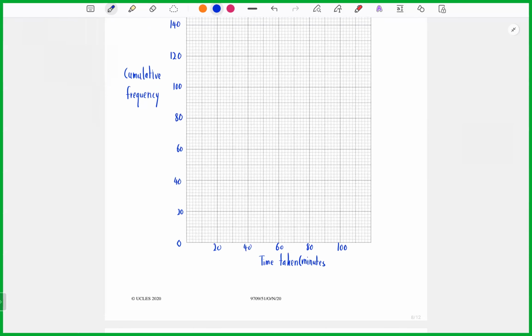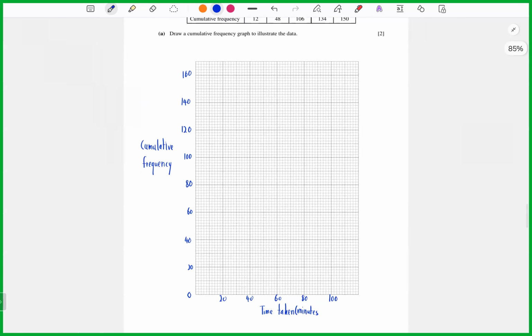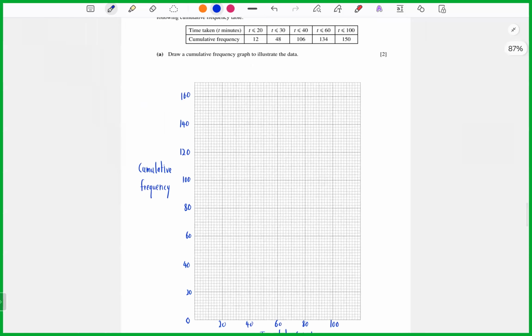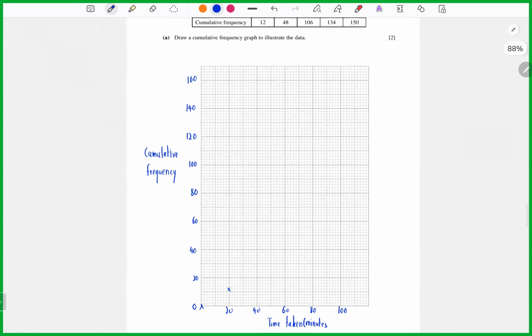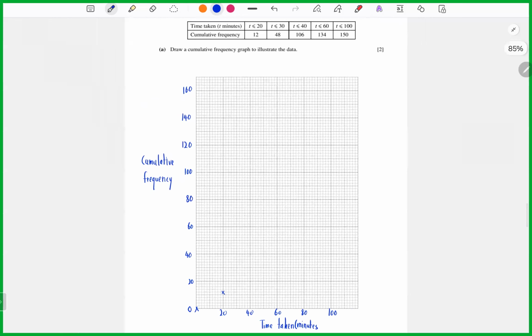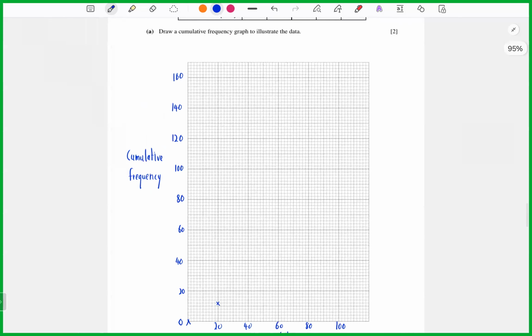So let's start now. The cumulative frequency axis goes 2, 4, 6, 8, 10, 12, starting from 0. And then, if less than 30, 48. So 2, 4, 6.